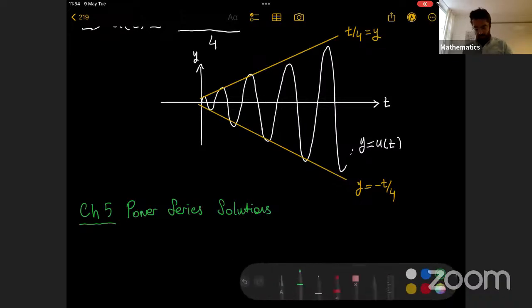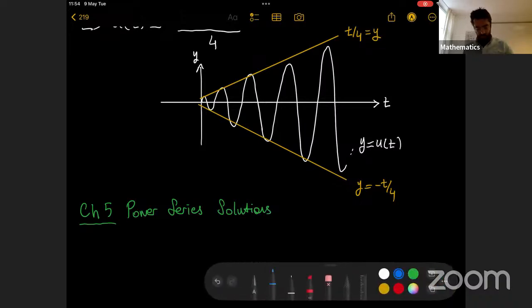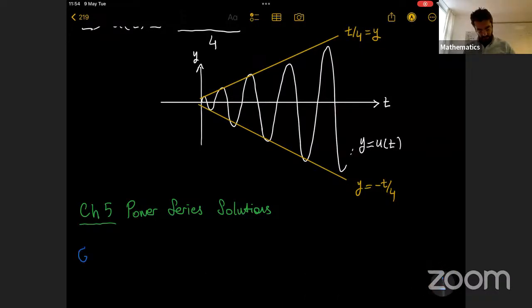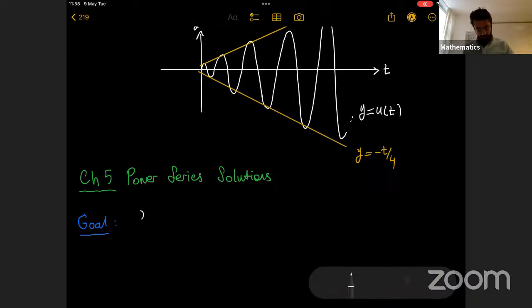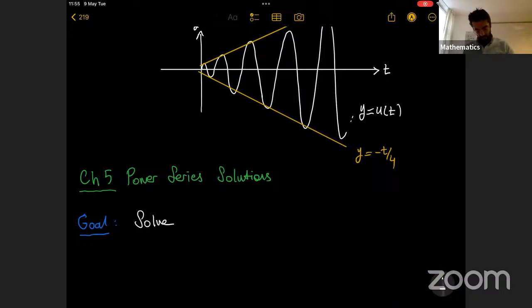So our goal here, we will solve such an equation: p(x) y double prime, non-constant coefficient.